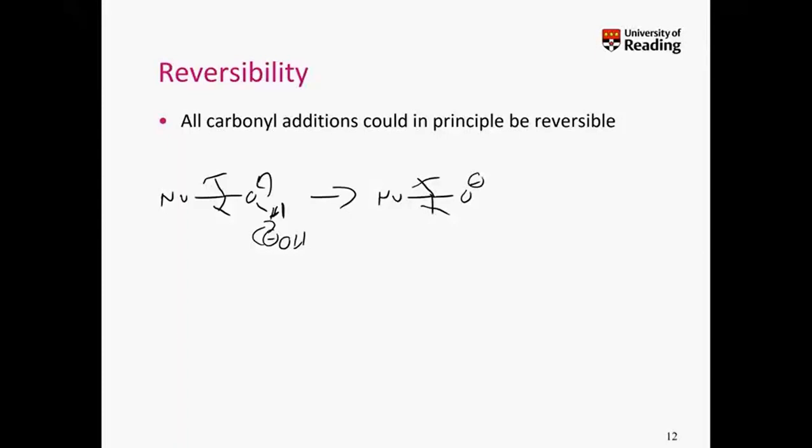We can use that base to remove the proton from the oxygen. So the OH bond is polarized again, and the hydrogen is electron deficient. You've got a base there which is nucleophilic, so it can pick off that proton if it wanted to. You'd get back to this step here where you have the charged oxygen.